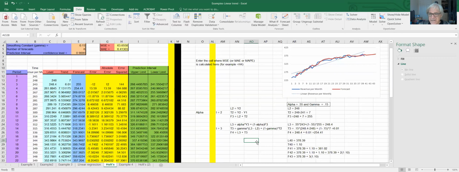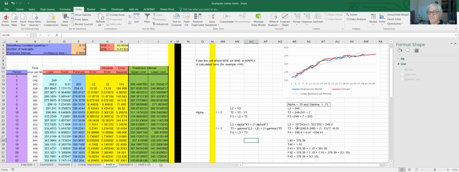So the two beginning points have increased by 50 units in one period. That's an estimate of the trend. And therefore, the new estimate is L3 minus L2. So what do you have? Gamma times (L3 minus L2) plus (1 minus gamma) times T2.